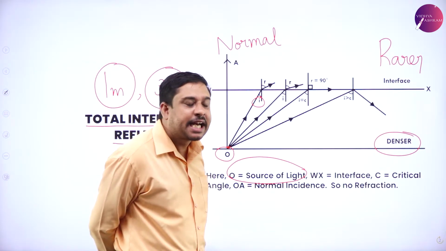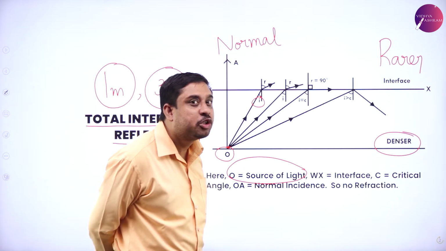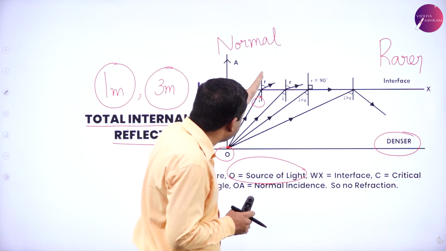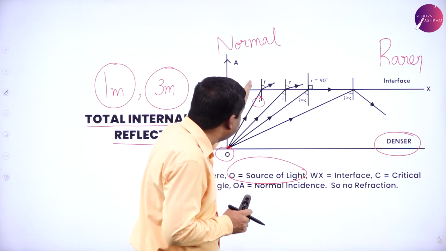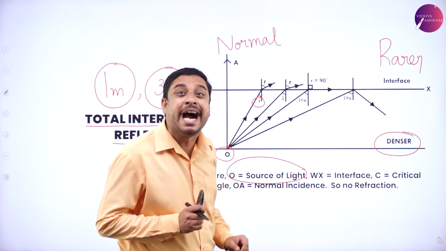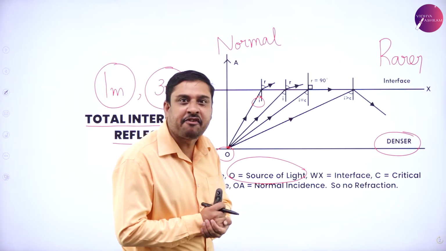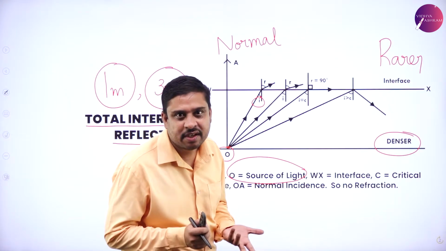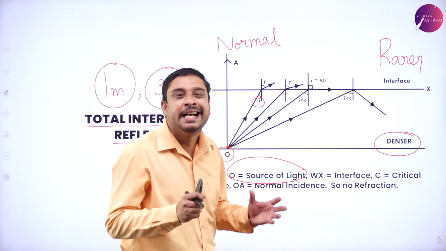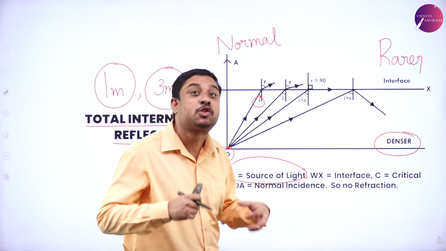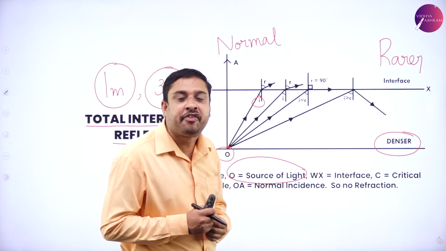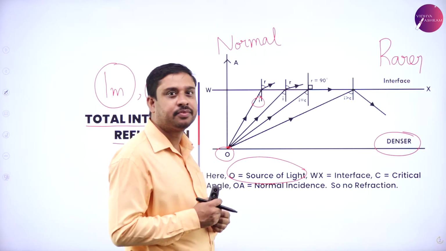The ray of light travels from denser to rarer medium. Now, the ray of light is incident on the interface with an angle I. Will it suffer refraction? Yes. It is not incident along the normal. It has to bend. It has to refract. Angle of refraction is R.